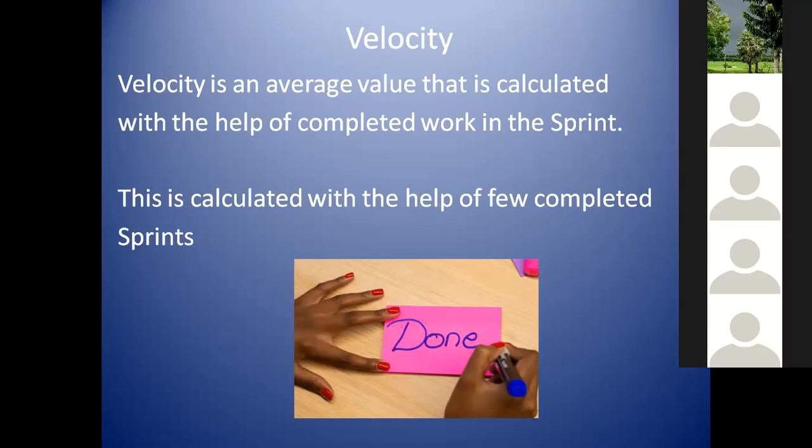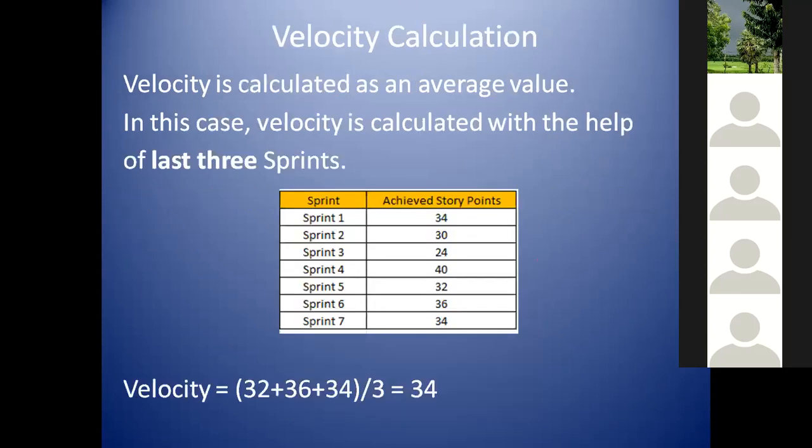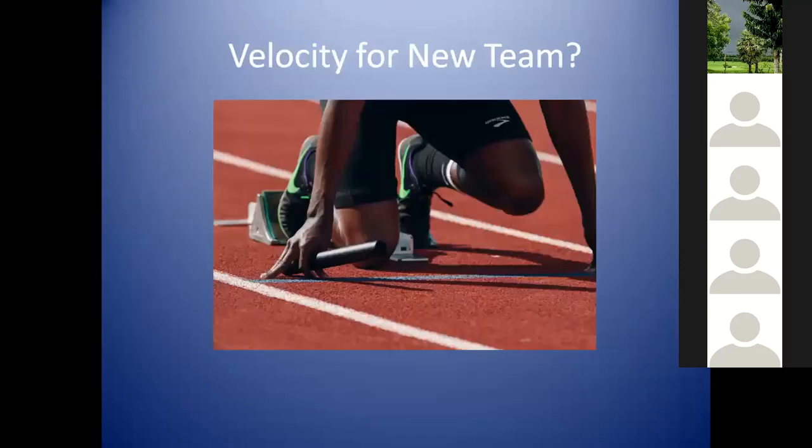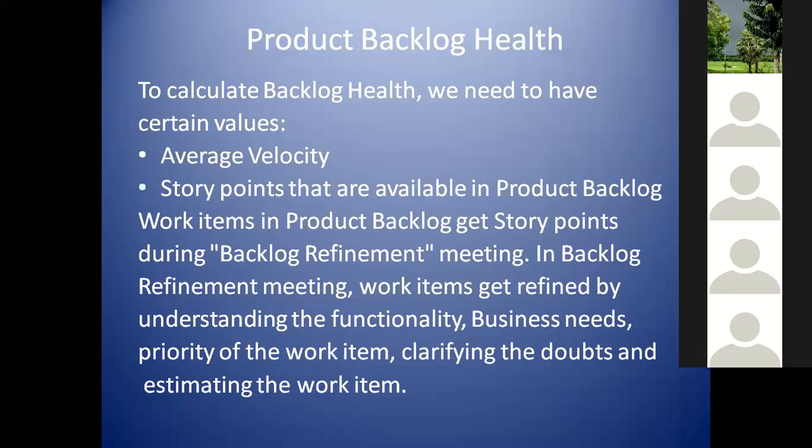We clearly saw in our previous discussion why it is taken as an average value. I will not repeat that because it's already been covered, and we saw how to calculate velocity, what the use of the velocity trend is, why it is an average value, and how to calculate it for new teams.